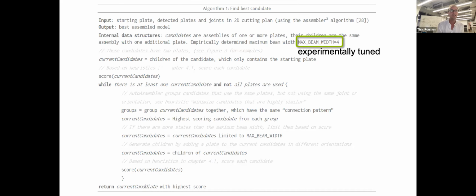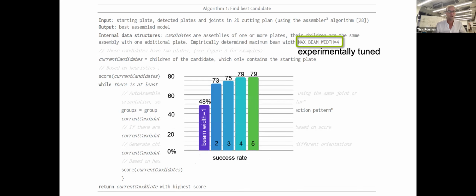Then another thing in the overall pseudocode that we had to tune is the beam width itself, of course. It's a crucial parameter. And so we did that by experimentally going through a benchmark that we produced, where we looked at how the success rate improved as we kept increasing the beam width. At about a beam width of 4, it started to flatten out a little bit, not entirely.